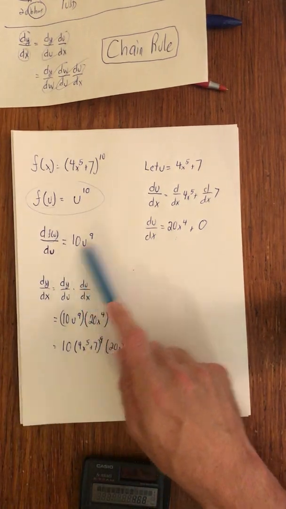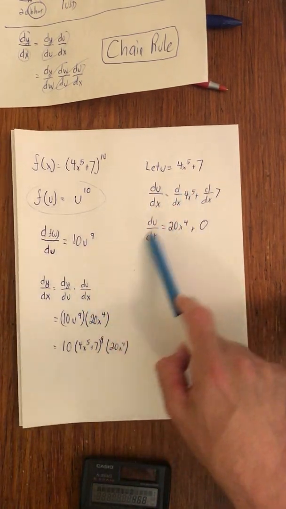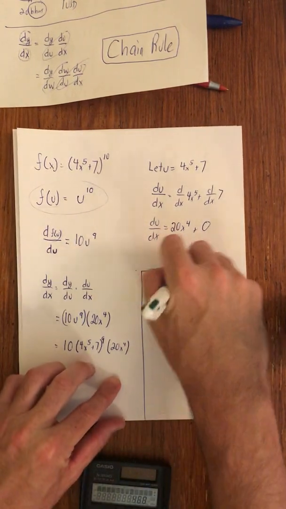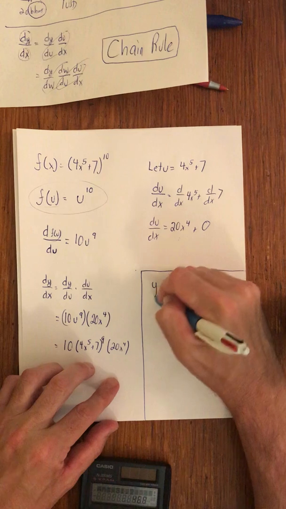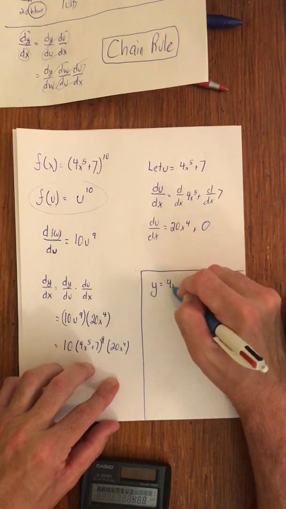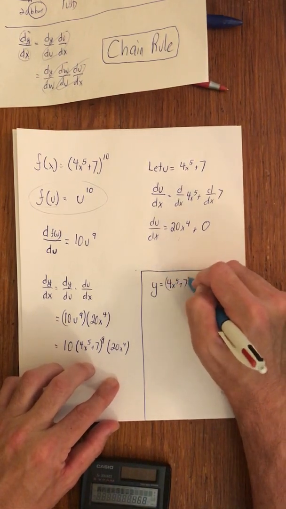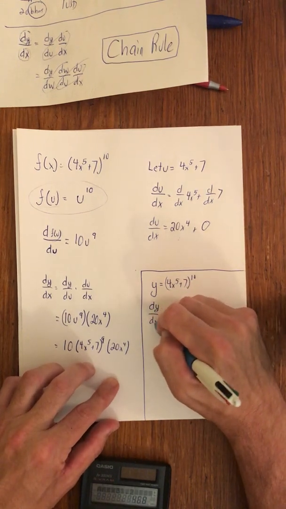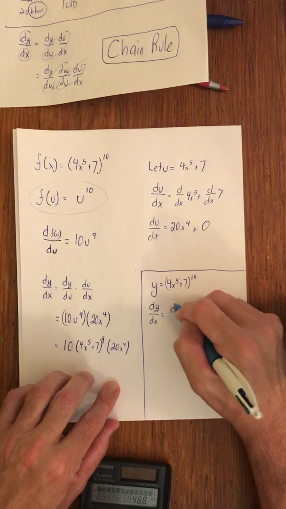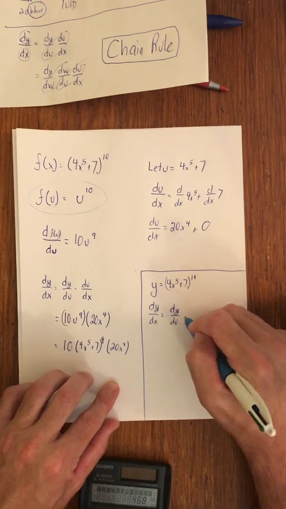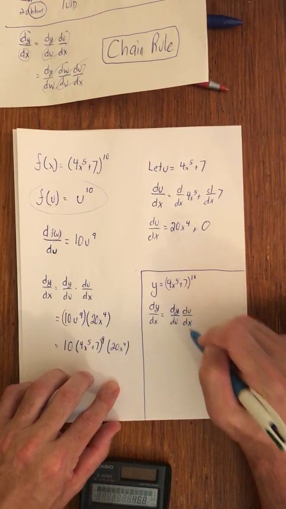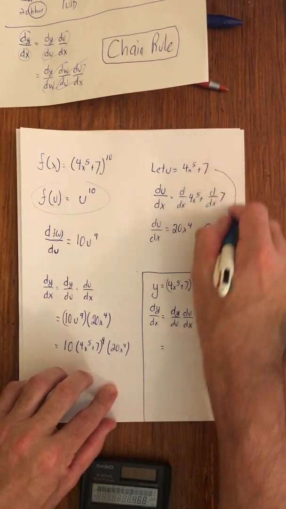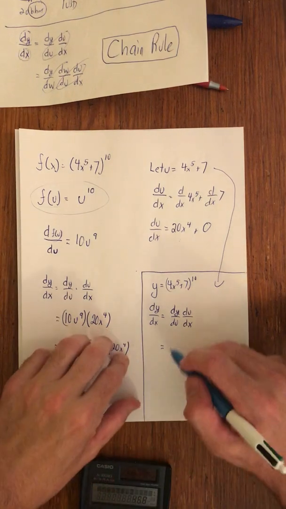Well, notice here what I did was I did everything in separate parts. Another structure I can use is I can say, well, if y is equal to 4x to the 5th plus 7 to the 10th, then dy dx is equal to, and just show my chain rule, dy du du dx, right? And then I would have my let statement here, and then I would write the following.